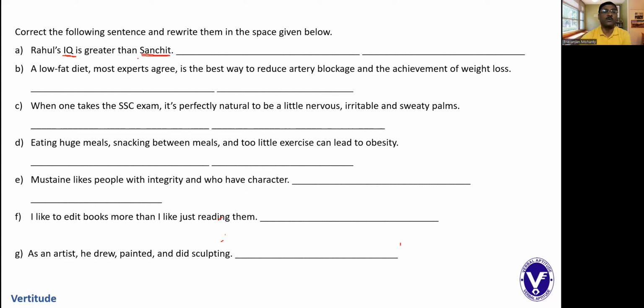So Rahul's IQ is greater than Sanchit's. You can put an apostrophe s, or you can say that is greater than those of Sanchit. So you can write Rahul's IQ is greater than Sanchit's or Rahul's IQ is greater than those of Sanchit.